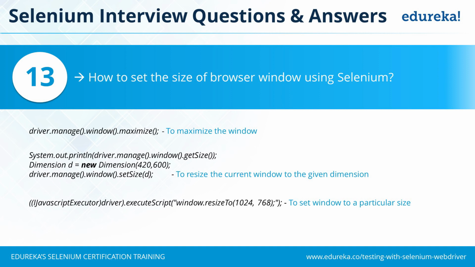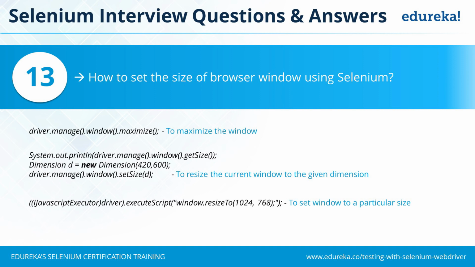So basically this is a kind of vertical window, not a horizontal window, because its y coordinate is greater than its x coordinate. Then driver.manage.window.setSize. So setSize is a method which will allow you to resize your window to the given dimensions. So I pass on the object of Dimension that I have created. Now my window size will be 420 by 600. This will resize to the given dimensions.